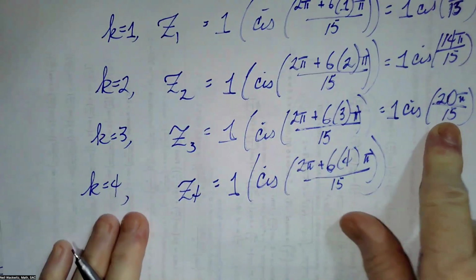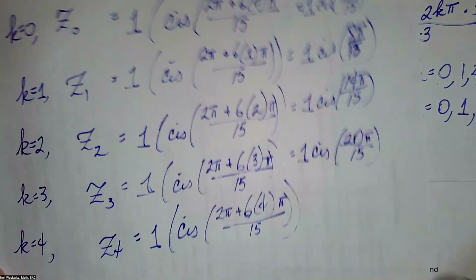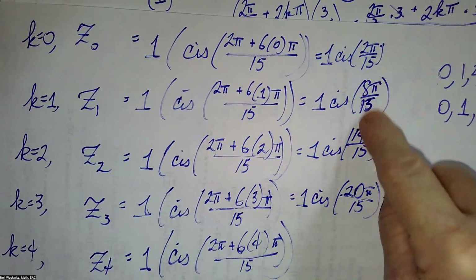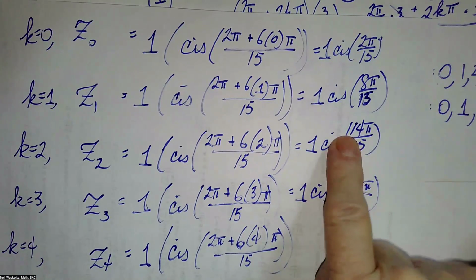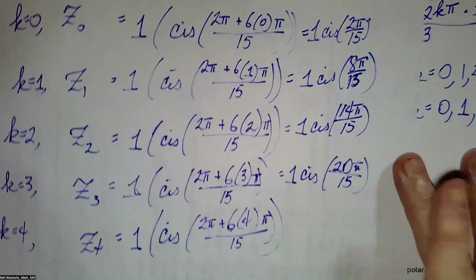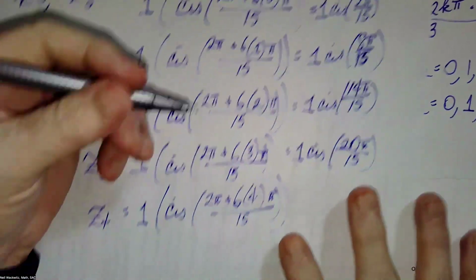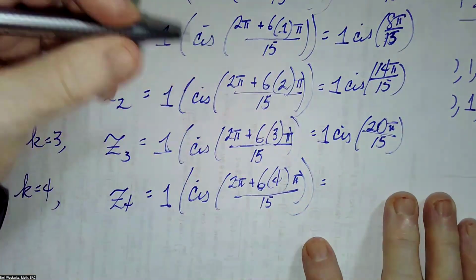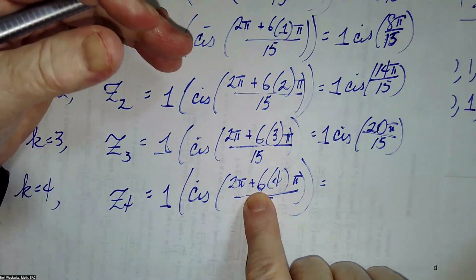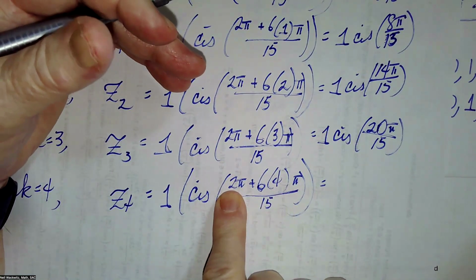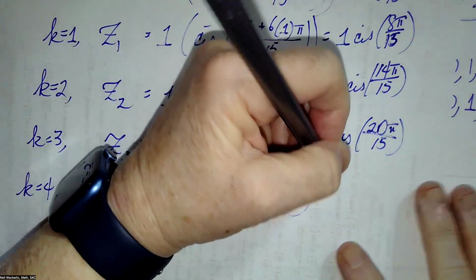And you notice this one we can reduce. This is the only one, though, so far. Because 2 over 15, nothing is common. 8 over 15, nothing is common. 14 over 15, nothing is common. 20 over 15, 5 is common. So we'll divide that out in a second. 6 times 4 is 24, plus 2 more is 26.